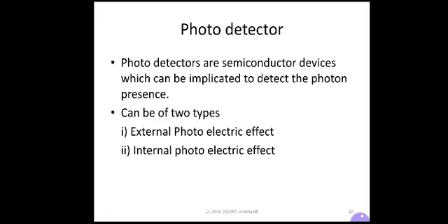They are similar to the previous topic: they transform the optical or light signal into an electrical signal, or light energy into electrical energy. So they are used for converting light energy or optical energy into an electrical signal.